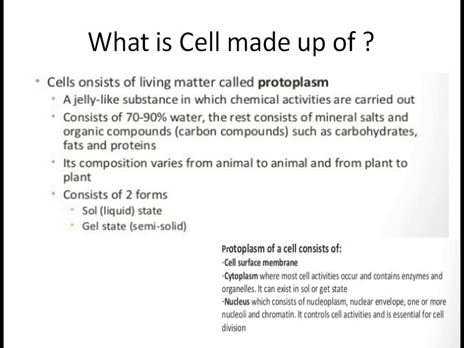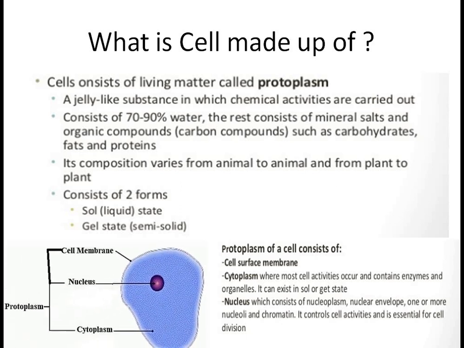Now we have to define what protoplasm is. Protoplasm is living matter, that's the literal definition, but what does it mean really? It is a combination of three things: cell surface membrane, cytoplasm, and nucleus. I am sure that you have gone through the general structure of the cell in your previous classes. You know about the cell membrane, right?